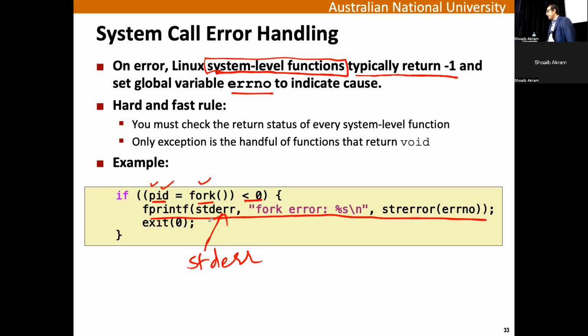So here we are writing to standard error. There is an error when the system call was made, and this is a function, strerror, that actually turns the error number into a fancy string. Okay, so this is a good practice that we would like you to follow. Whenever you make system calls, check for the return value, and if it's less than 0, exit right away.